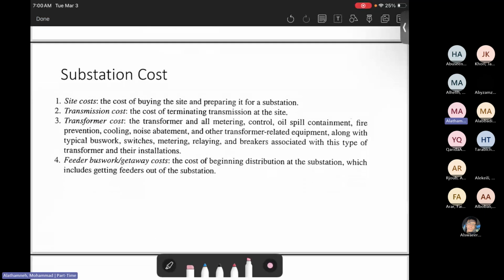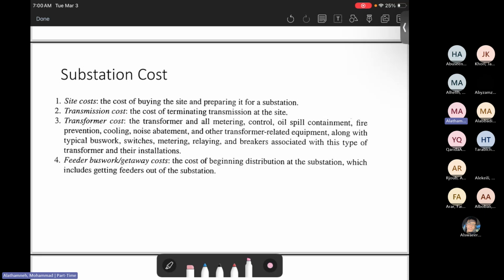Substation cost really matters depending on the location. For example, the power substation in Abdoun and in the city center is different from a substation in the suburbs, for example in Zay, or a substation in very far areas where the land prices are not very high.